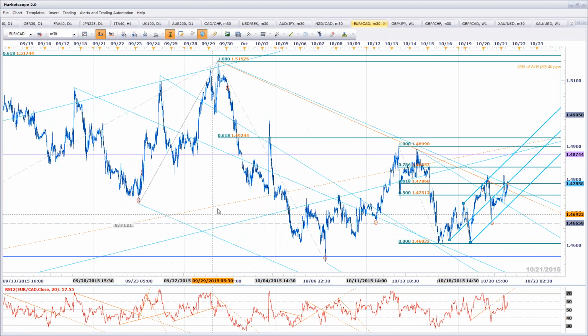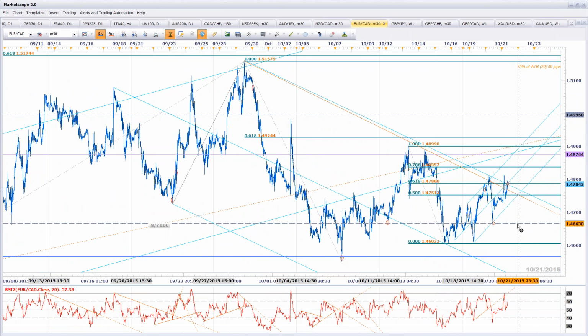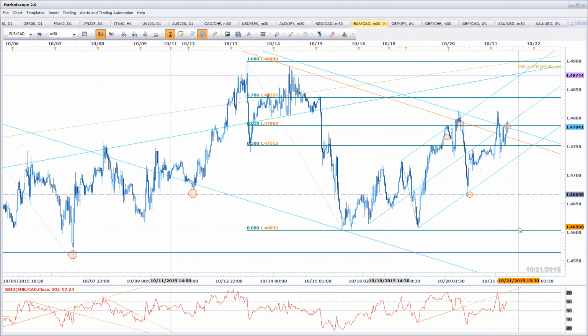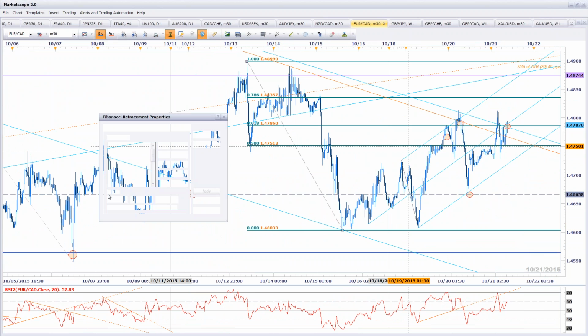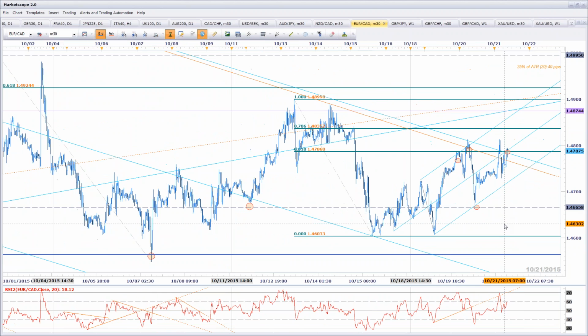So let's go ahead and clean this chart up. This was the original slope that we were working with last week. Just off the highs, you can see that broke. Didn't really give us much play on it. So we're going to go ahead and clean that up, get rid of that. The 50% retracement's also null and void at this point, so we're not going to stress that.